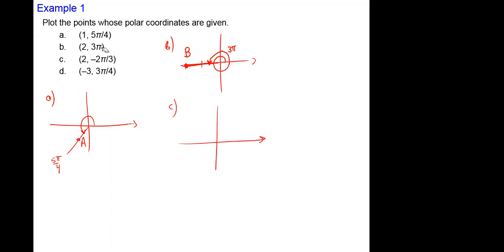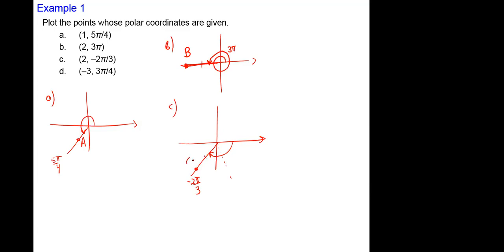C, I have a negative angle, negative 2 pi over 3. That means 2 times 60. I'm going in the negative direction, clockwise, negative 2 pi over 3, negative 120, and the radius is 2.